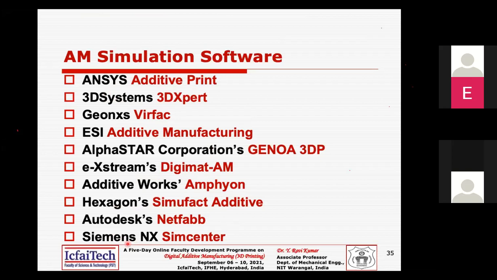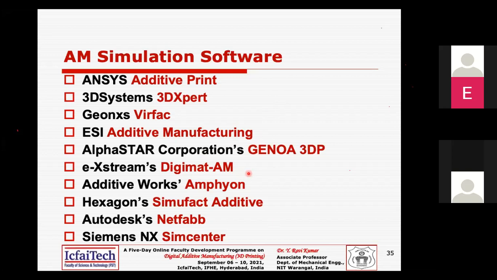You can find several commercial software packages to perform this, but the majority focus on metal additive manufacturing simulations. Though you have certain polymer-based systems like DIGIMAT or other packages, you still have a lot of potential to work on these sort of simulation studies of additively manufactured parts.